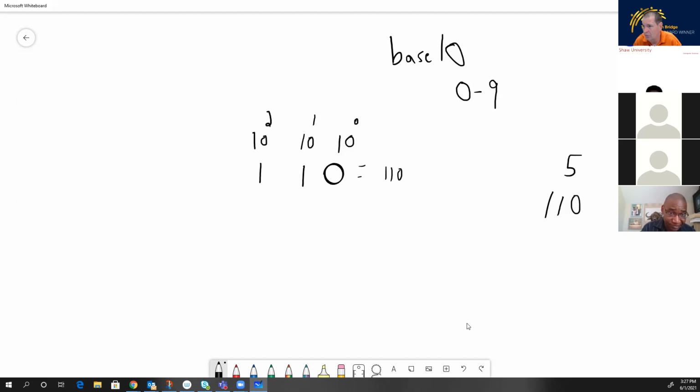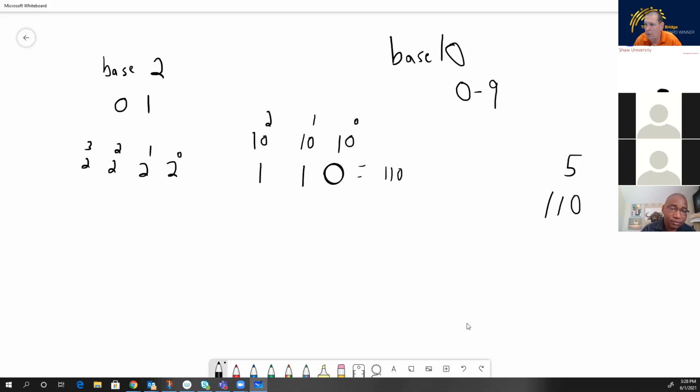Computers use a base 2 numbering system, which means there's only 2 digits, off or on. Luckily for us, we don't have to go much beyond 2 to the 7th, but each one of these bit positions has a value associated with it.